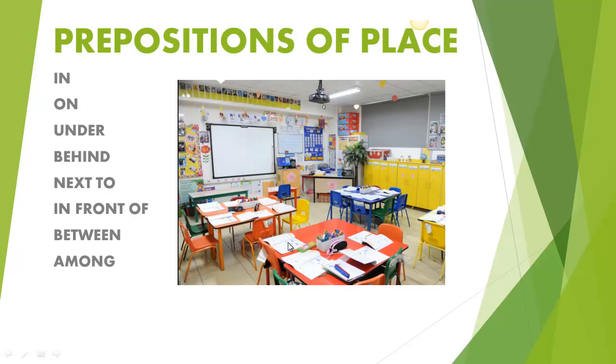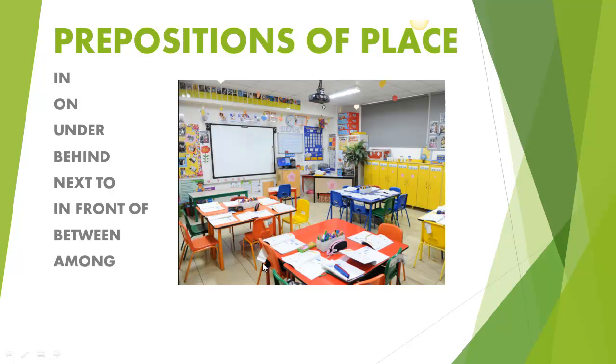The yellow shirt is behind the table. Next to. So this pen is next to this. This notebook is next to this notebook. In front. The table is in front of the board.